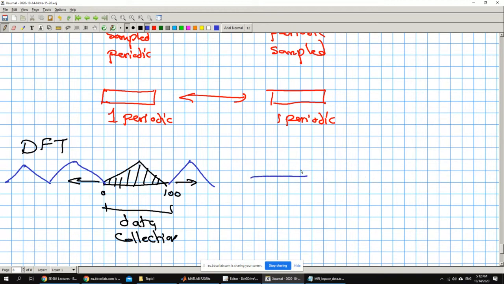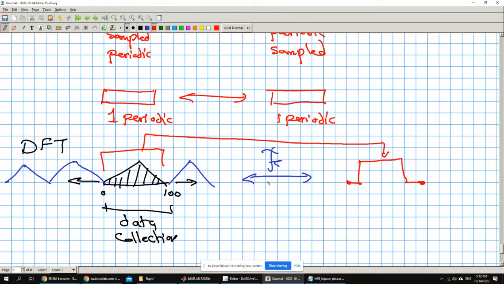If I take this part here and compute the frequency domain equivalent of it, for example, it will look like this.